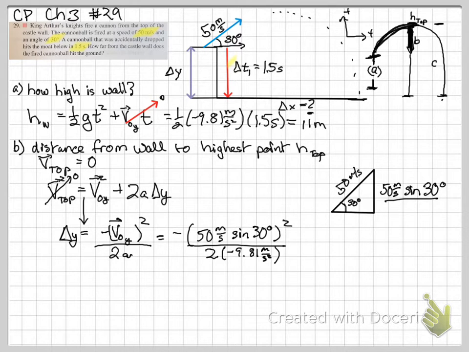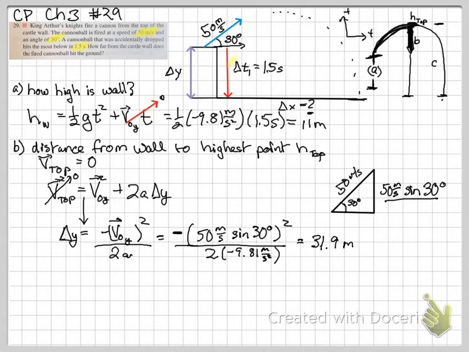And when you do all of the math, remembering that this is negative, that's going to help us out, it should come out to 31.9 meters. So the height, on top of being 11 meters off the ground, is going to add another 31.9 meters to the height.